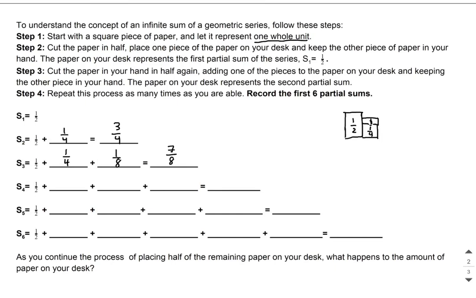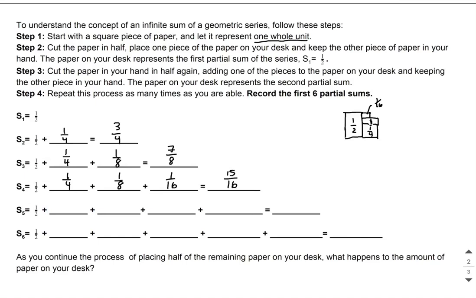Then you're doing it again, you're cutting it in half, you're going to add half of that. Again, this is 1/16. I'm not going to keep drawing on the diagram, but you'll have 1/2, 1/4, 1/8 plus 1/16, and that will give you a total of 15/16.